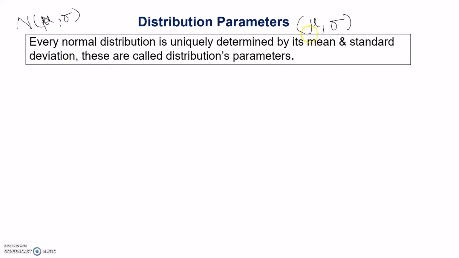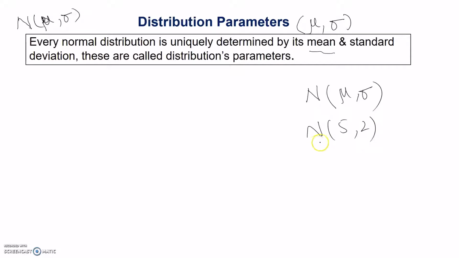Let's see what it says. Every normal distribution is uniquely determined by its mean and by its standard deviation. These two are called the parameters of a normal distribution, mu and sigma. For example, let's say I talk about a normal distribution 5, 2.